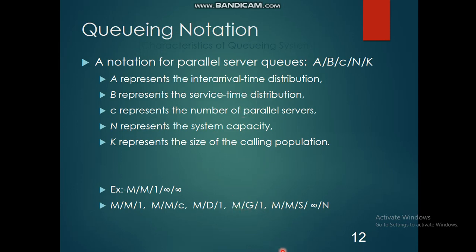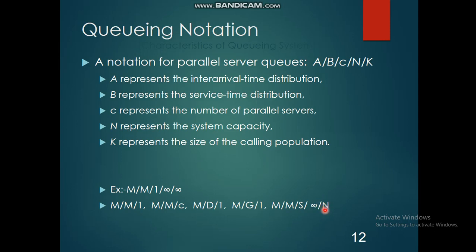And next we have m/m/1/infinity/N, where N represents the size of the calling population. N can be equal to 8 or 10 or 15, so there is a limited population here.